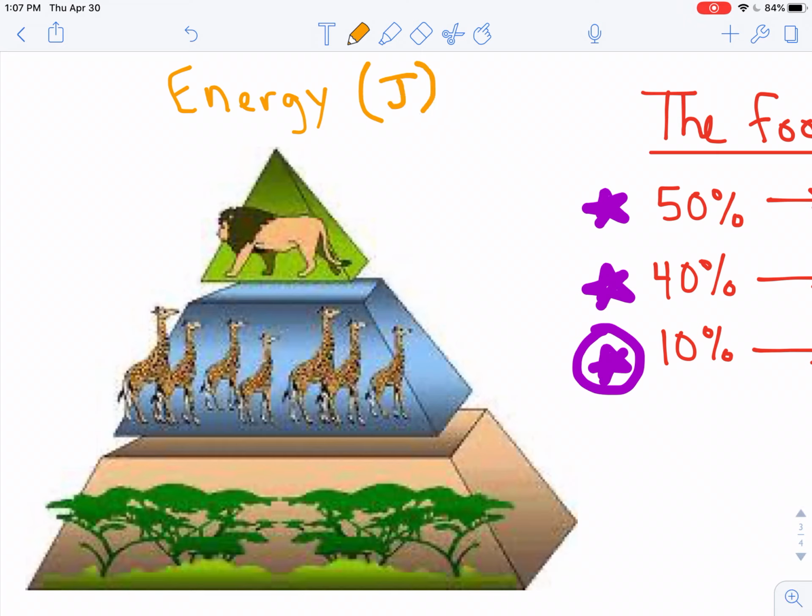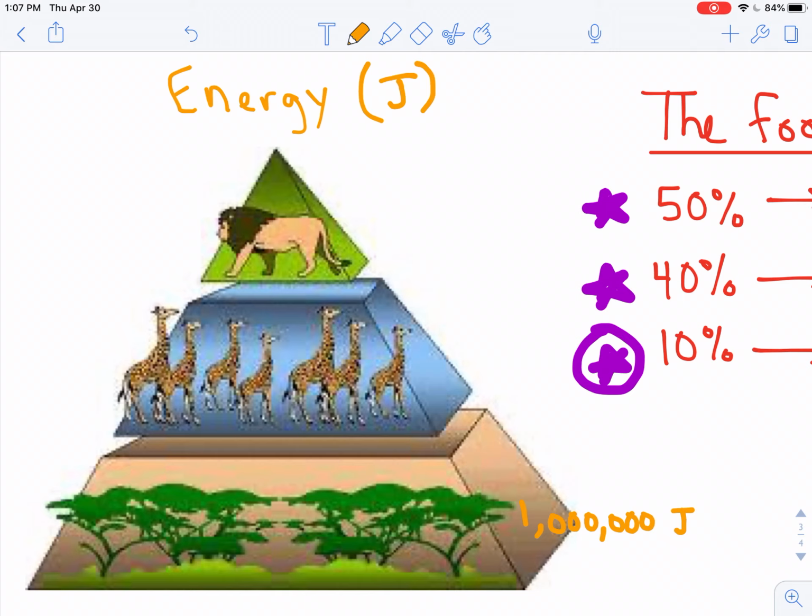Now, there are other energy units, but a joule is the one that most biologists use. And if a biologist were to do an experiment on all of the plants in the ecosystem, he or she may discover that, let's say, there are 1 million joules of energy that are stored inside of all the cells in all the plants in this ecosystem.